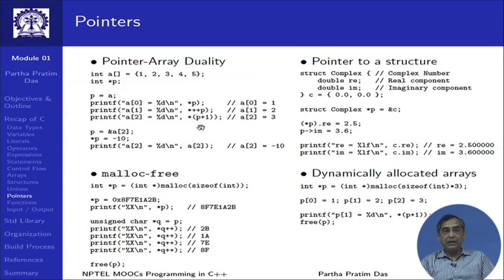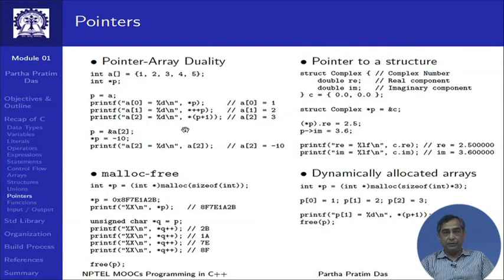You can see that if I do star plus plus p, it will first increment, so it is now pointing to element 1, and then it takes element 1, which is basically 2. Similarly, I can take p plus 1 as an expression. p plus 1 is the current location of the pointer plus 1 element size.